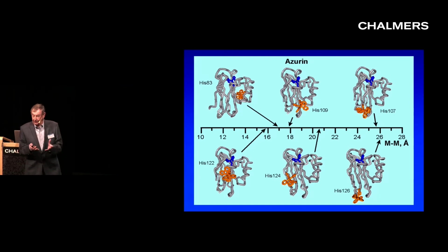And superexchange, due to overlap of orbitals and so forth, is predicted to be exponentially dependent on distance. That means the tunneling rate would be exponential with distance, and so we wanted to check that out experimentally.